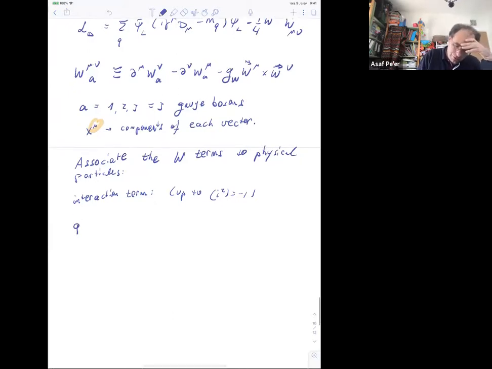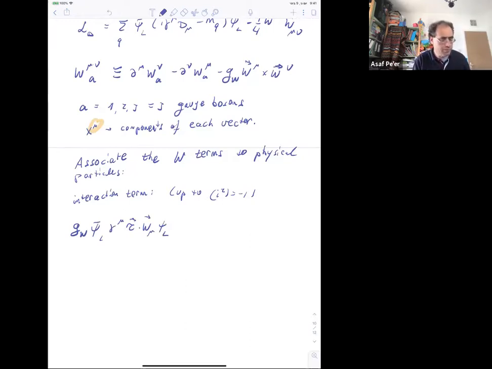So the interaction term will look like g_weak, and then we had ψ̄_L γ^μ, and then τ dot W_μ ψ_L.